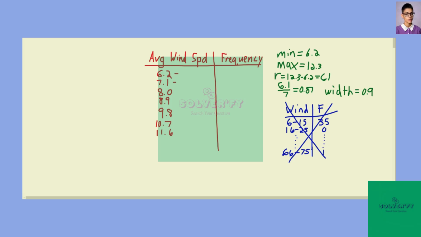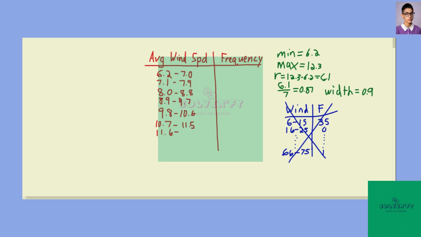Now we can go back and fill in our endpoints by just comparing to the next starting point. So we need to end at 7.0 since our next one starts at 7.1. Then 7.9 comes before the 8.0. Then 8.8, 9.7, 10.6, 11.5.